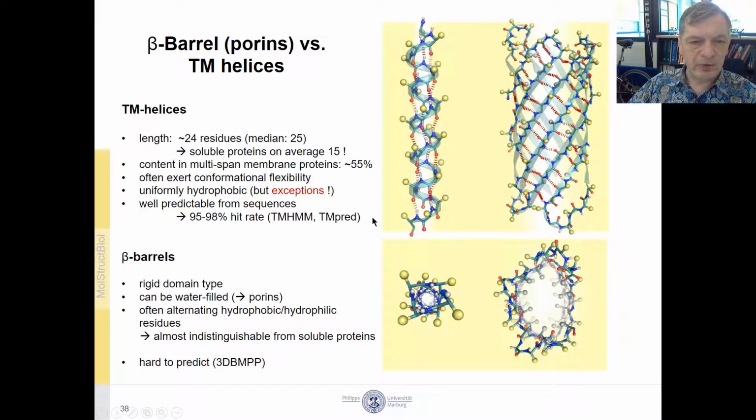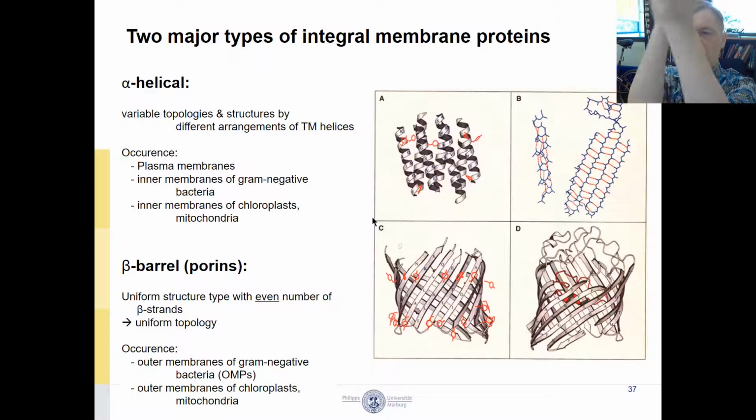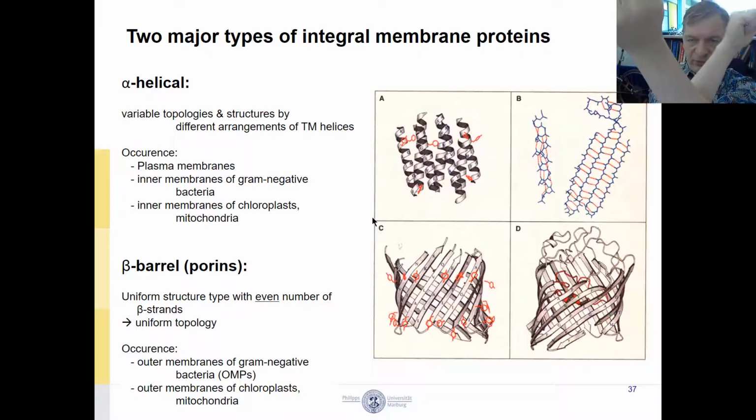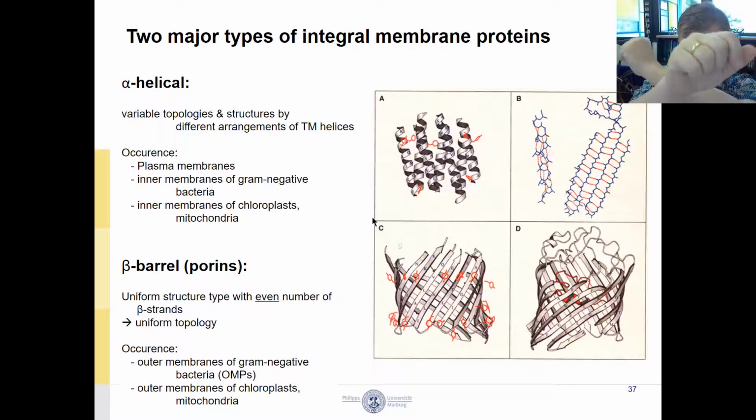The next point is, they often exert conformational flexibility, because remember, they are paired with each other, associating via the hydrophobic chains. But that is not a rigid structure. They can move relative to each other.